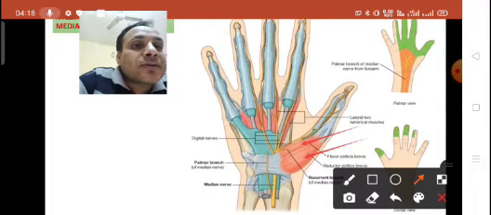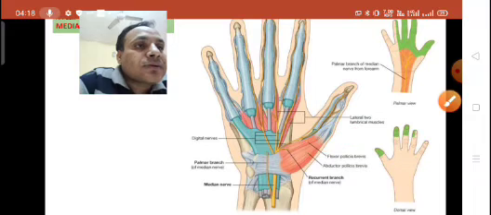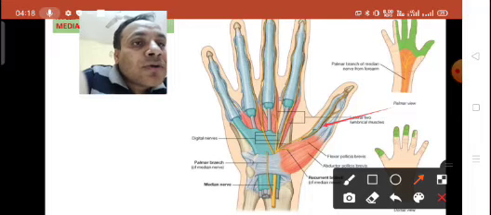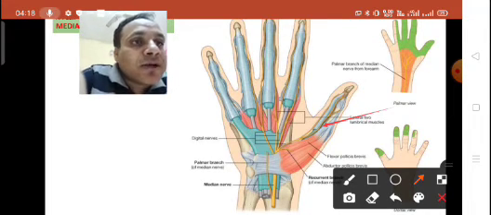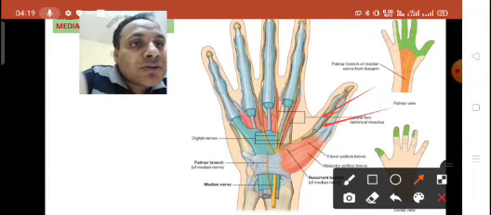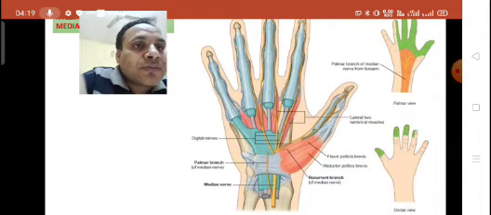Then from the lateral division of the median nerve, three proper palmar digital branches arise. You can see here the first proper palmar digital branch, the second proper digital branch, and the third proper digital branch.